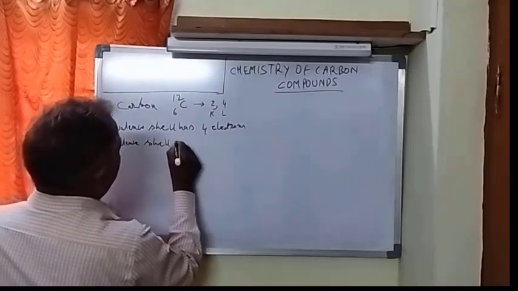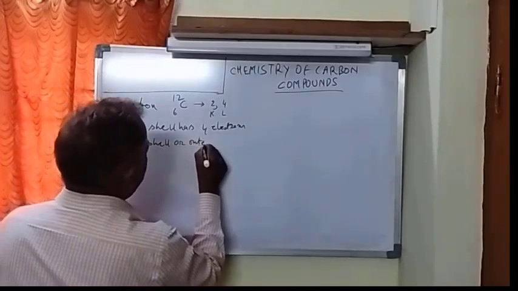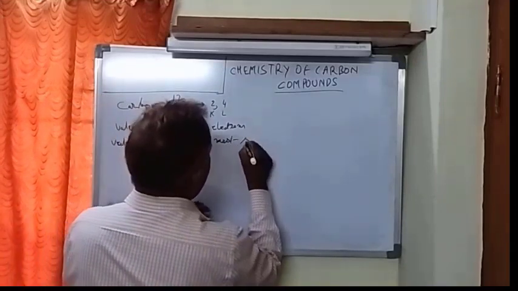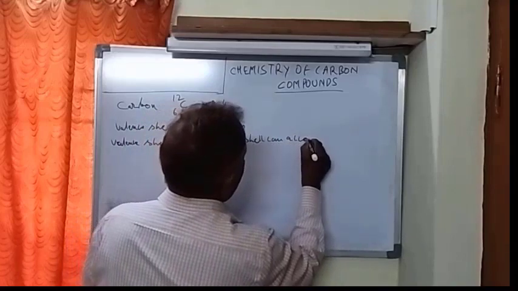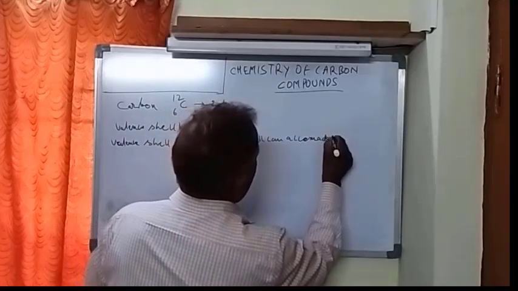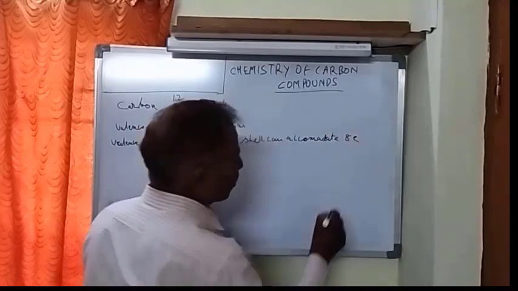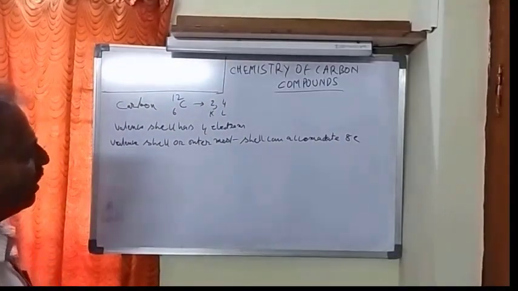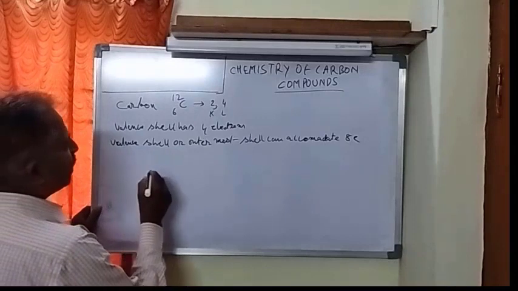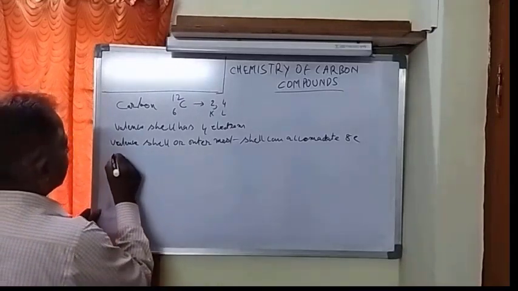Now, as per electronic theory of valency, our valence shell or outermost shell can accommodate 8 electrons. So, if valence shell or outermost shell has 8 electrons, then its octet is completed.